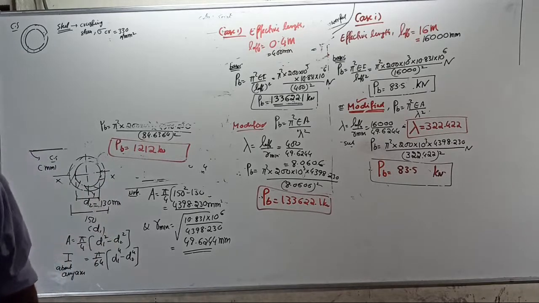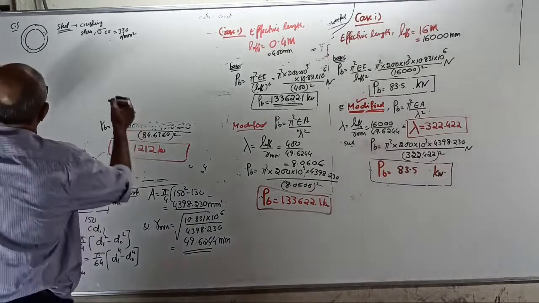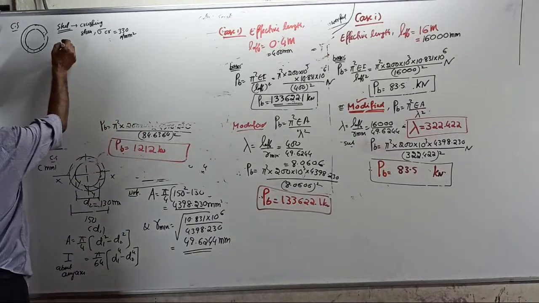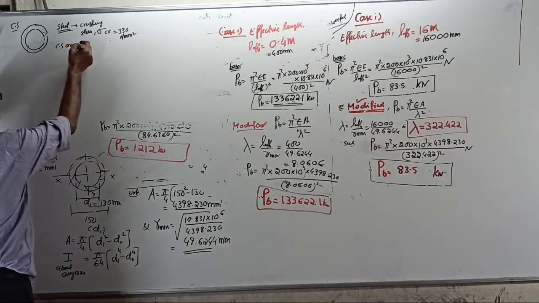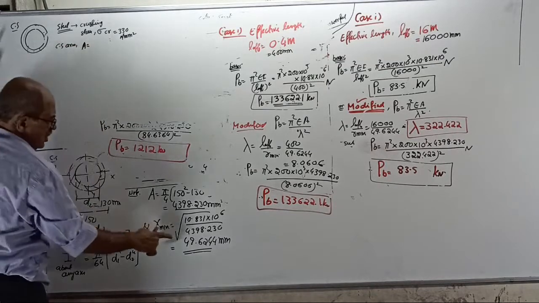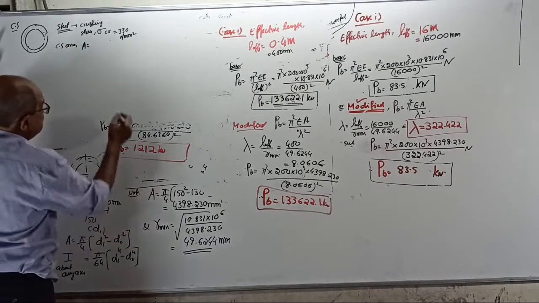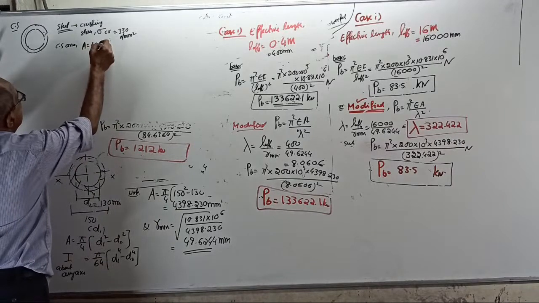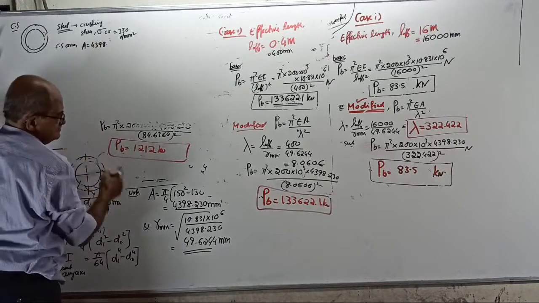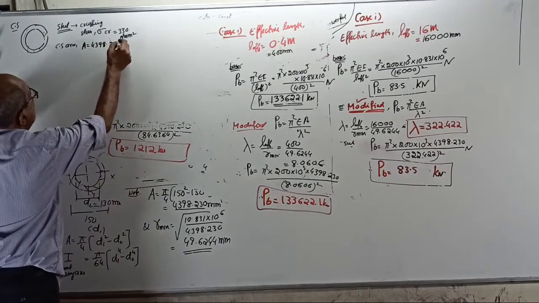Not used. Okay, done. Now, remember, its cross-sectional area A equal to 4398.230 mm square.